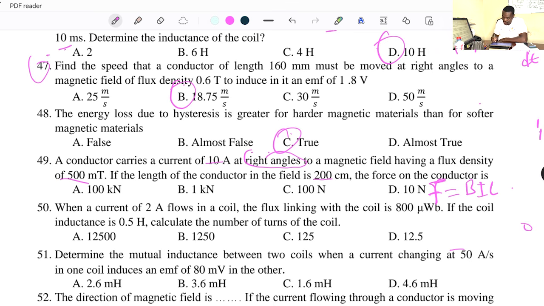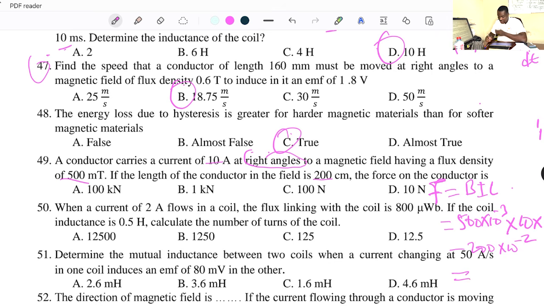So we can use this formula here. Magnetic flux density is 500 milli Tesla, times current 10, times 200 centimeters. So I'm writing the 200 down here, times 10 to the power minus 2.